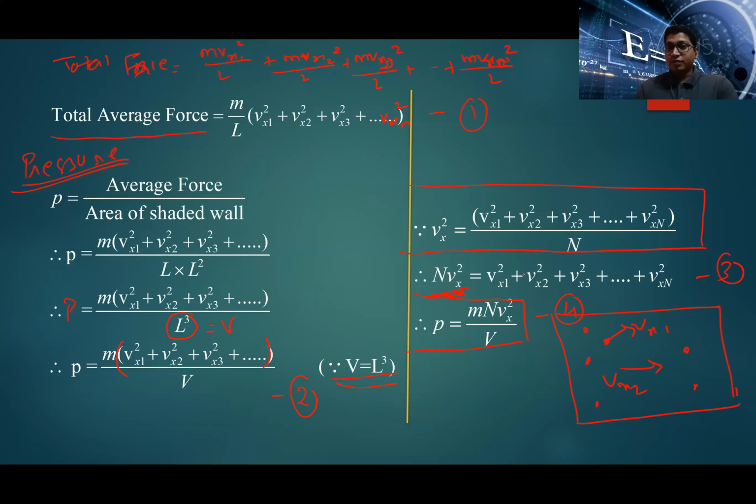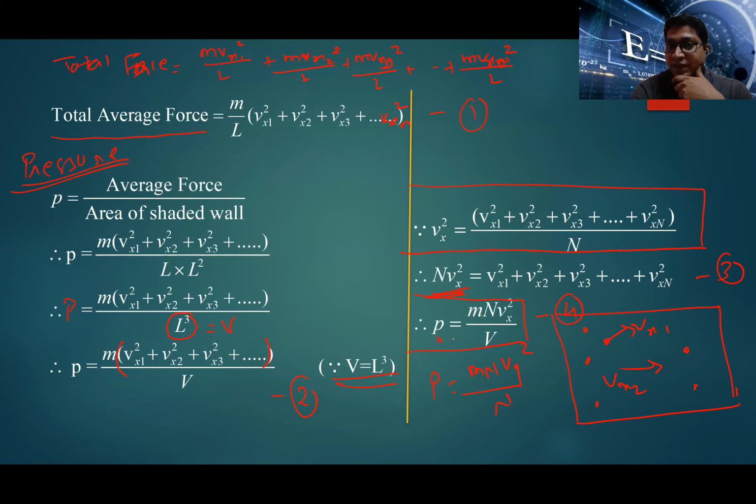Okay. Now class, the pressure which is exerted on the particular wall is in the x direction. If we assume all the things which we have done till now, but instead of taking the x direction we had taken the y direction, then the pressure in the y direction would have been m n Vy square divided by V. Instead of Vx, it would have been Vy.